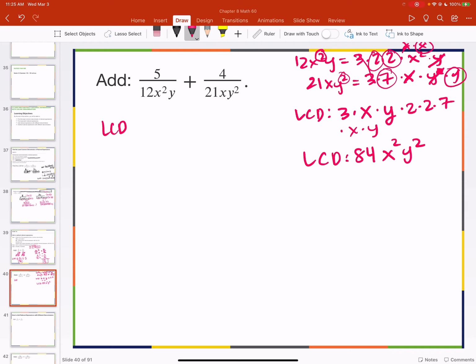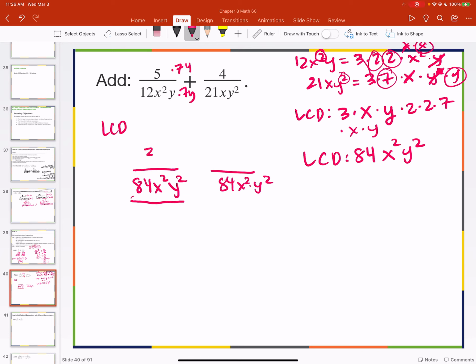Now I know I have to combine these two so that I get 84x squared y squared on the bottom. So what do I multiply top and bottom by to get to 84x squared y squared? Here I need to multiply by 7y, and that's going to give me 84x squared y squared on the bottom.